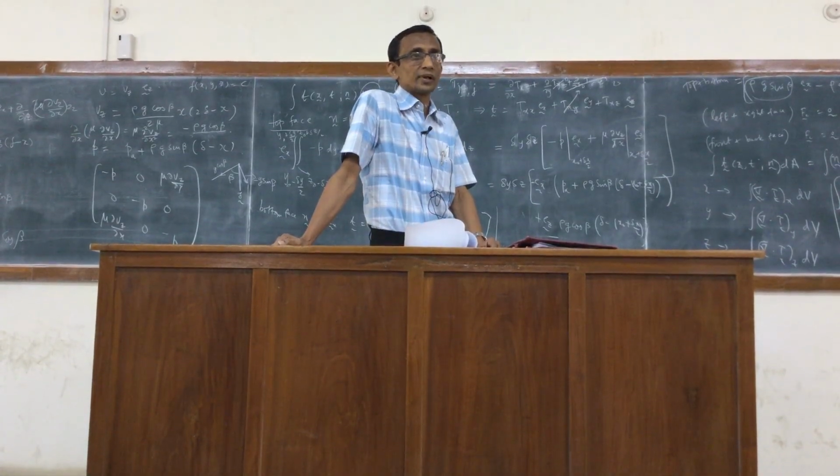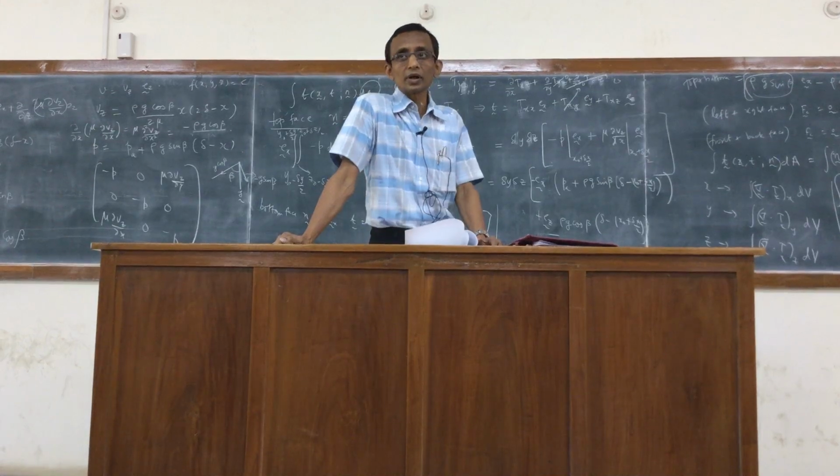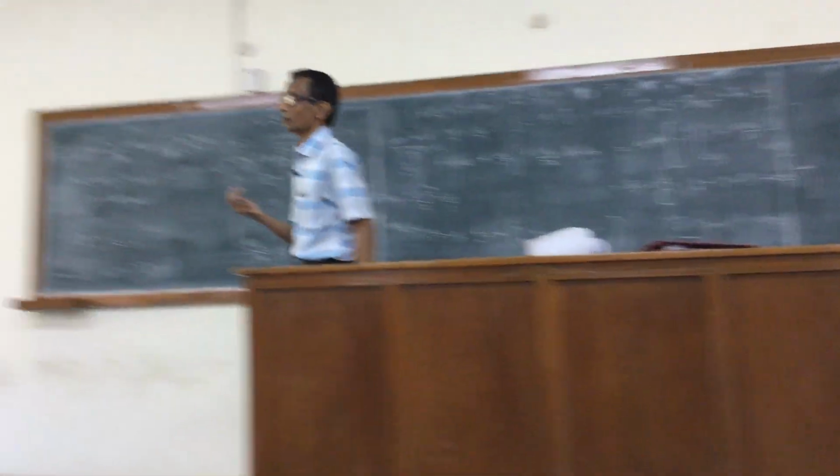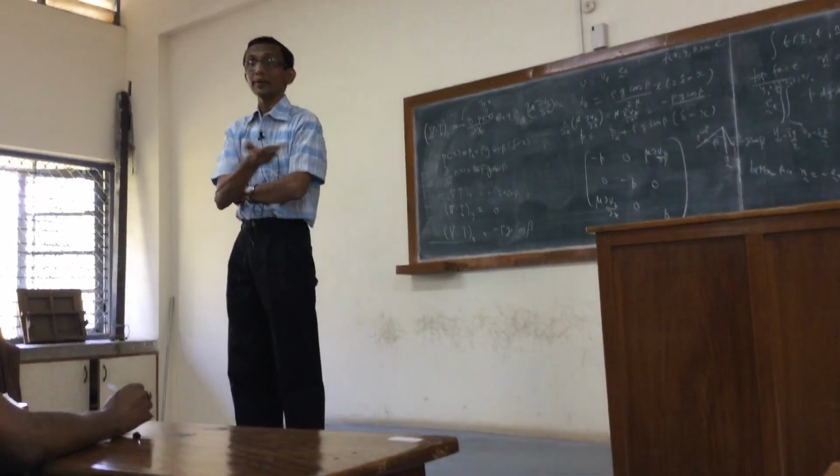The total force is the sum of the body force and contact force. We get that the total force on the volume element is actually 0.